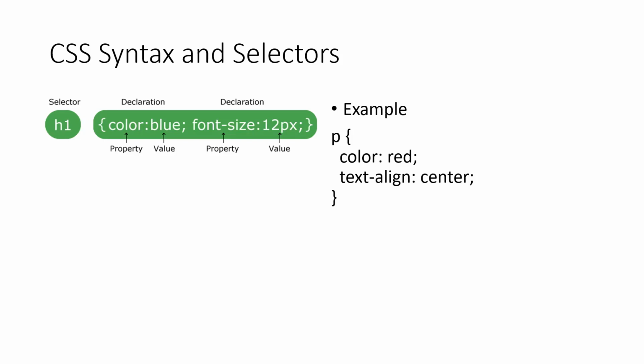For example, in this example given here, we are changing how H1, the level 1 header, looks, changing the color into blue and font size into 12 pixels. So this is the basic syntax of CSS.